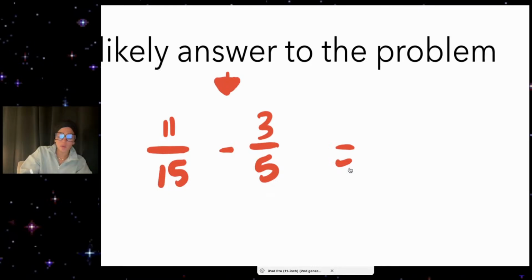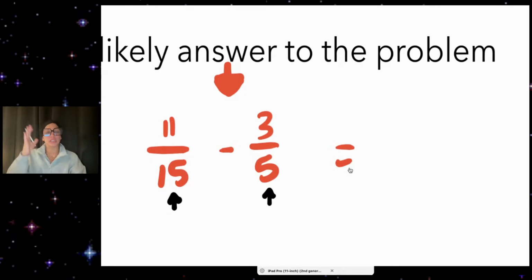So how am I going to go about getting a common denominator for this? Well, 15 is a multiple of 5, which means I can actually just manipulate one of my fractions to get a correct answer. So I could do 5 times 3 and 3 times 3.